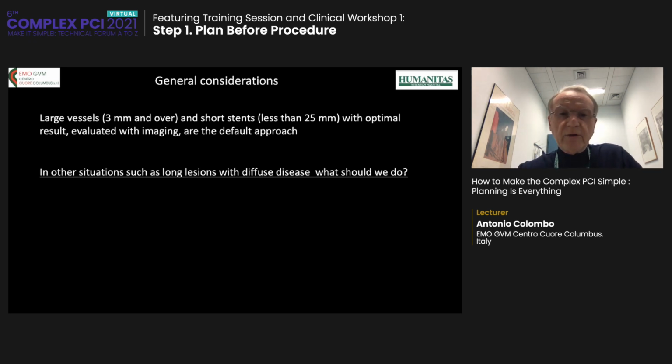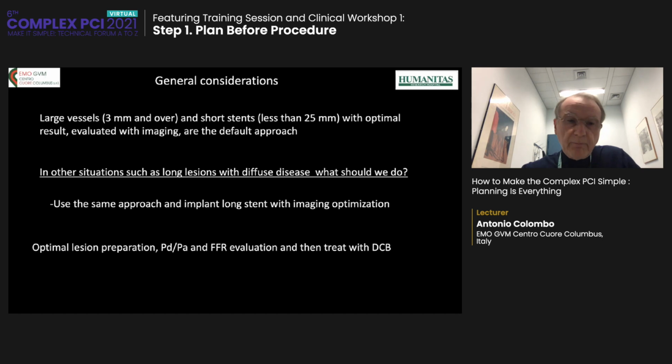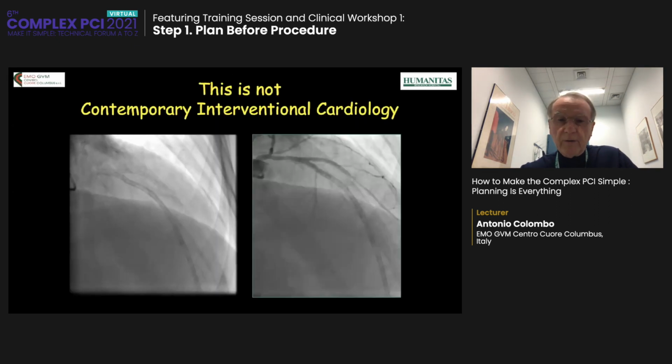In other situations, such as long lesion with diffuse disease, including total occlusion, I believe using the same approach and implanting a long stent with imaging optimization like we do today is a possibility, but I would like to introduce optimal lesion preparation with PDPA, proximal to distal pressure measurement, and then, if it's appropriate, use a drug-coated balloon.